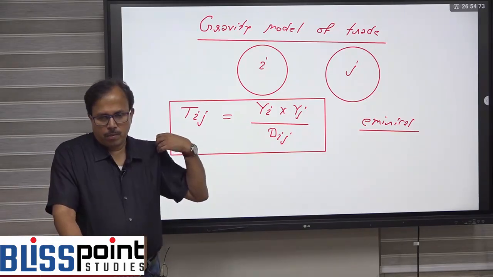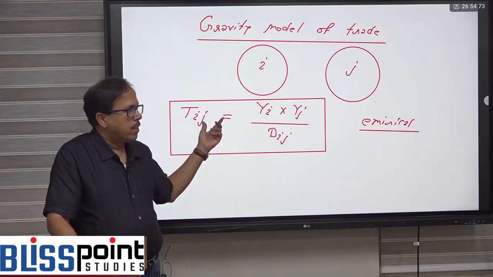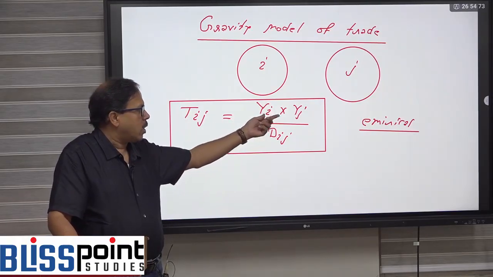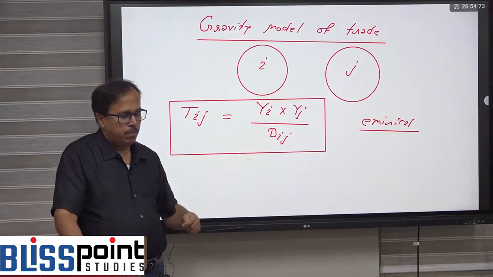This equation: the value of trade between country I and country J is equal to Yi times Yj upon Dij.